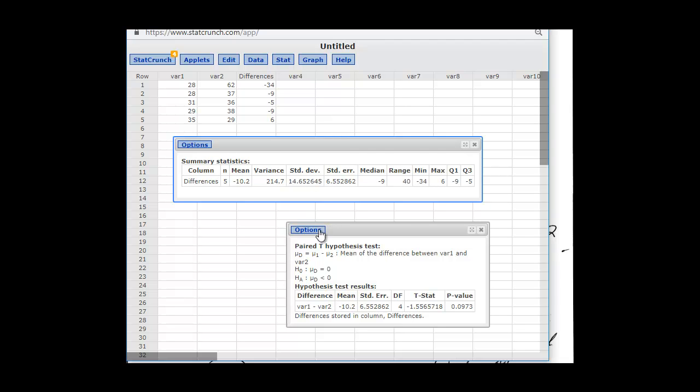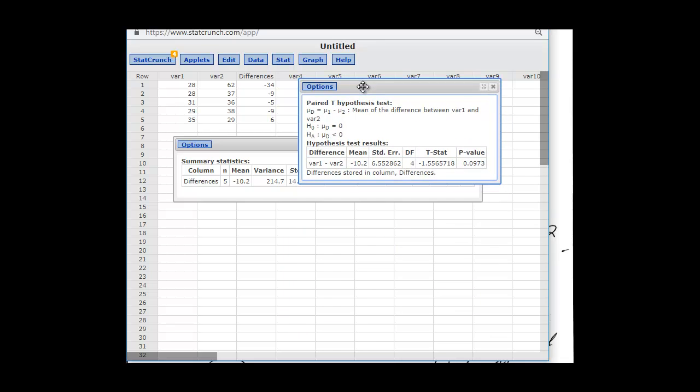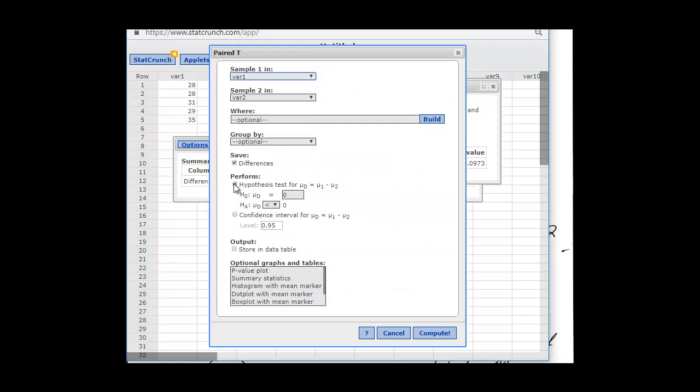I want to go back here, and being I'm in here, I want to go ahead and hit edit, and this time I'm going to go down and do the confidence intervals. And this was a left tail test, and so we had all 5% of our alpha in that left tail.